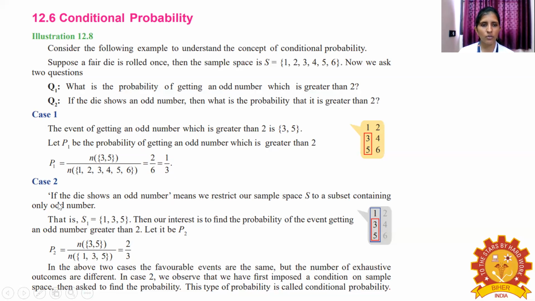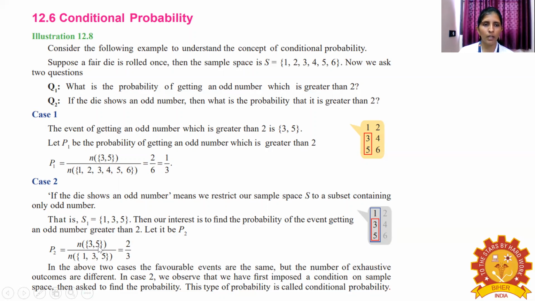Case 2 is: if the die shows an odd number, it means we restrict our sample space S to a subset containing only odd numbers, that is, S1 is equal to {1, 3, 5}. Our interest is to find the probability of getting an odd number greater than 2. Let it be P2.